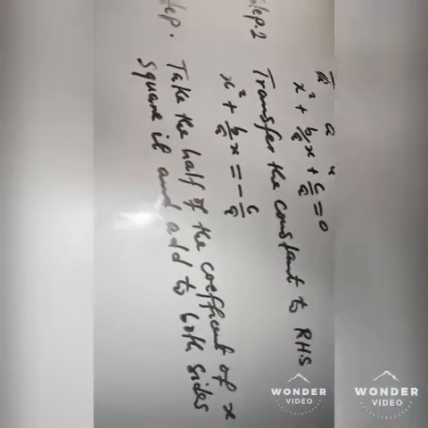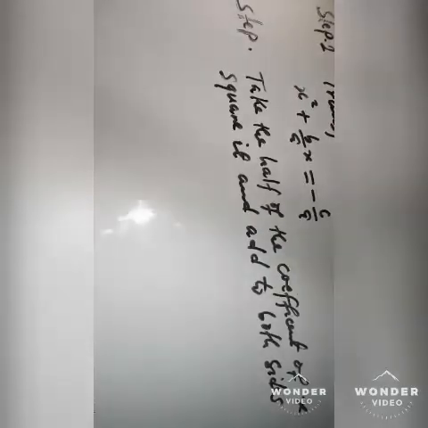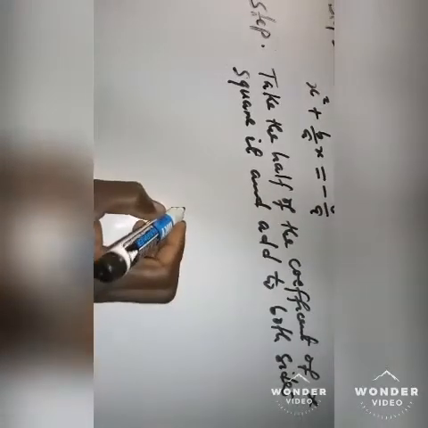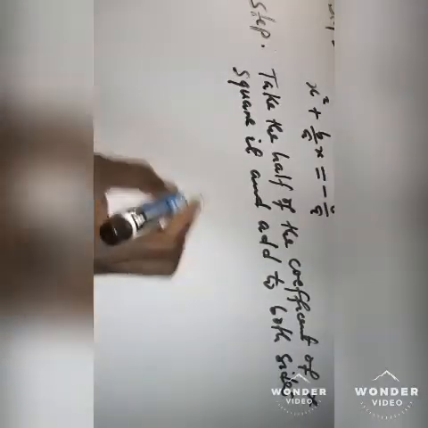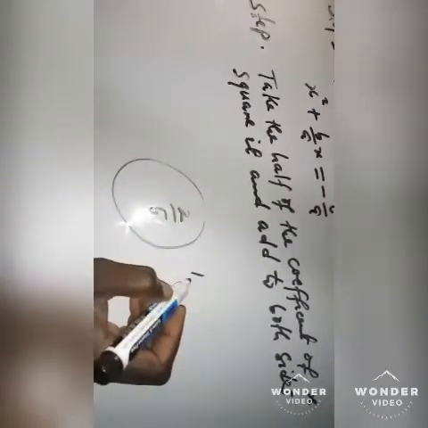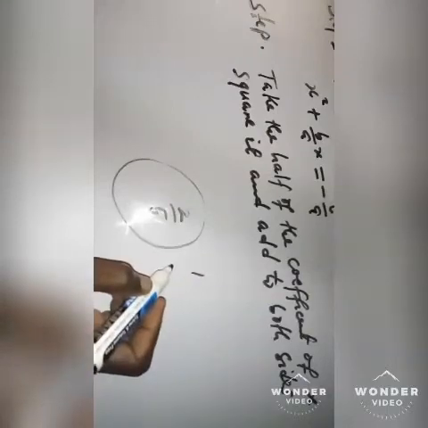So how do we take the half of the coefficient of x? Let me give you an example. If, for example, you have 2 all over 5, and you are asked to take the half of 2 all over 5, what do you do? You will simply multiply it by 1 over 2, that is a half.